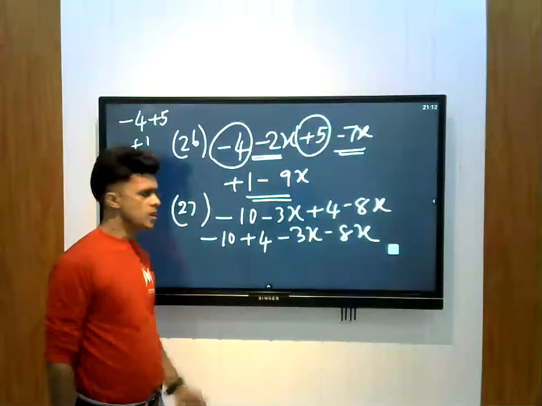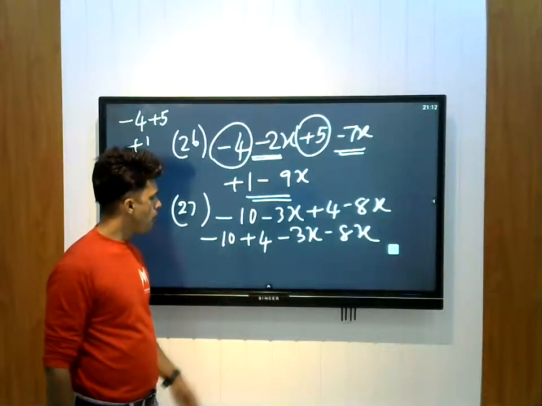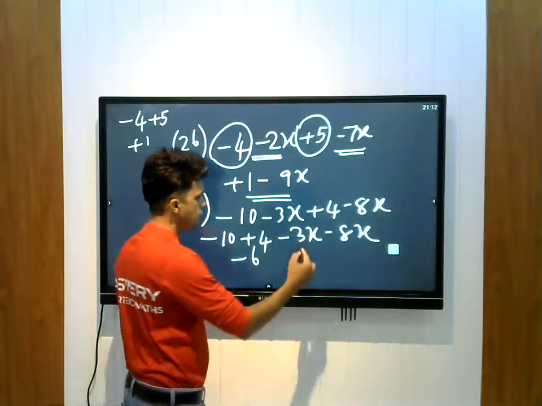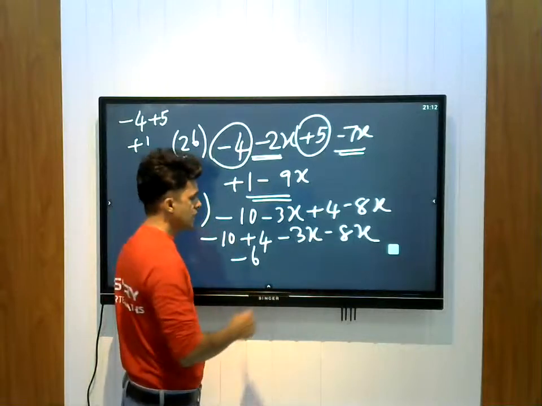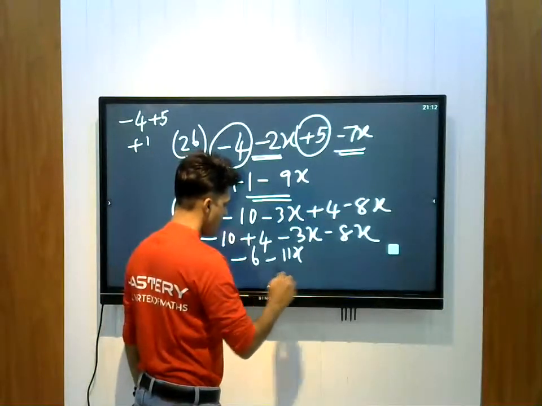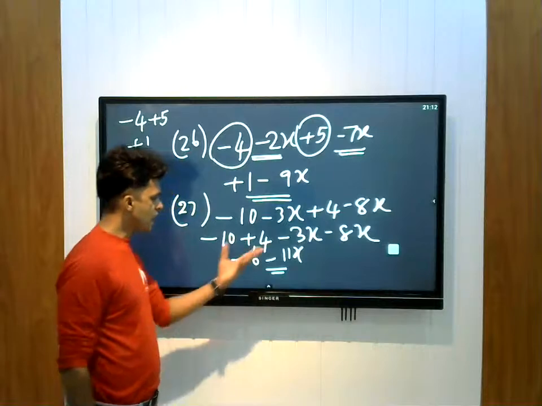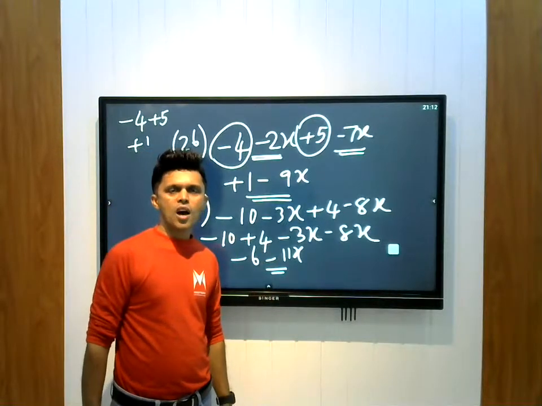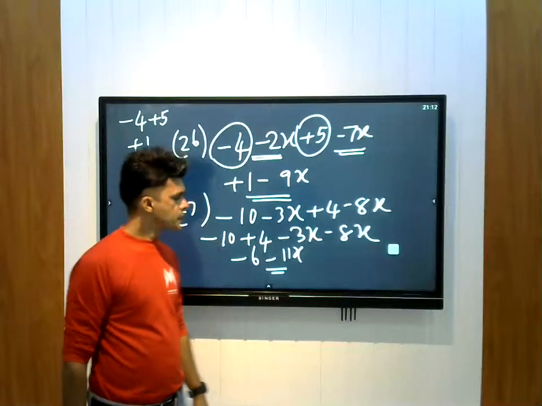Now you are able to add these terms: minus 10 plus 4 is minus 6. Minus 3x minus 8x is minus 11x. I told you that it's unable to add these two terms more. These are unlike terms, so you can't add them.